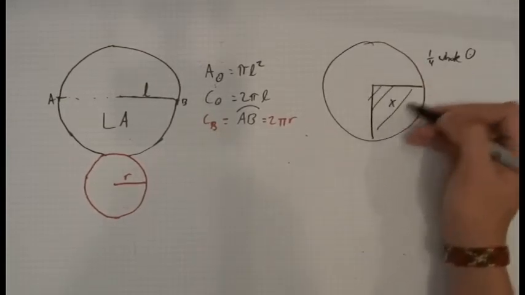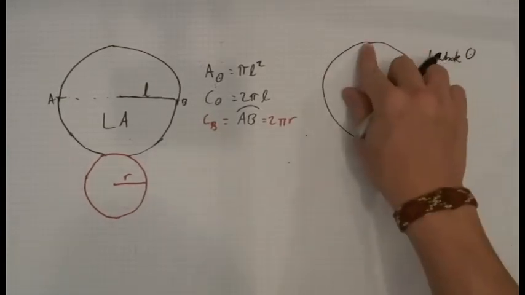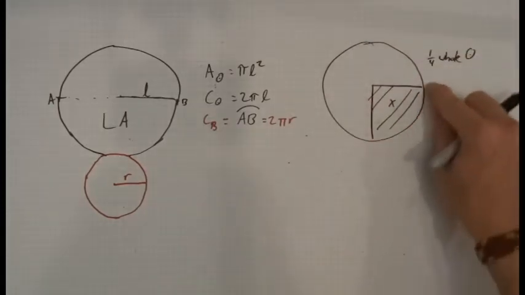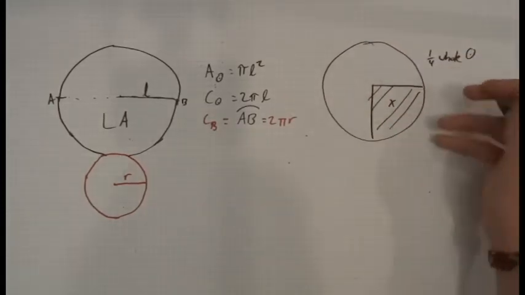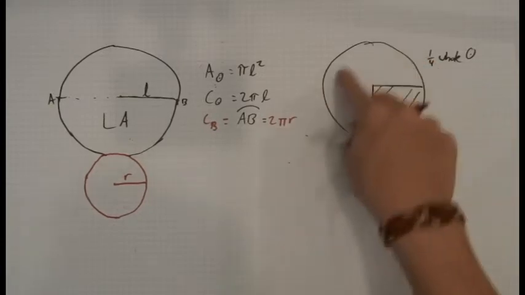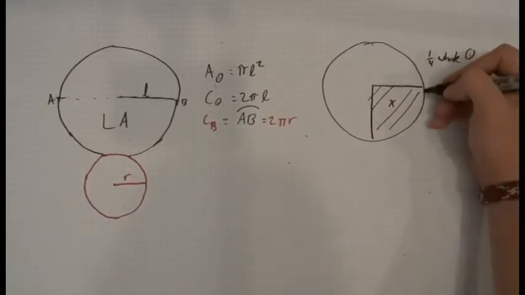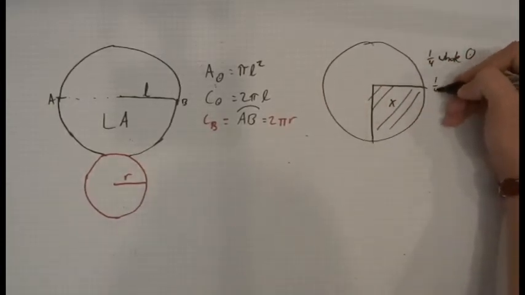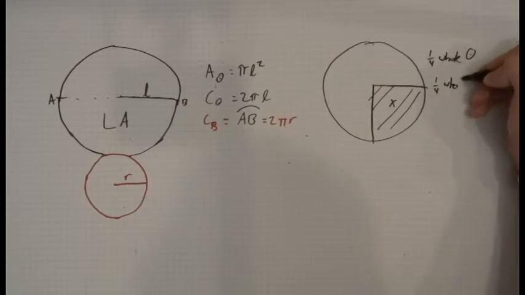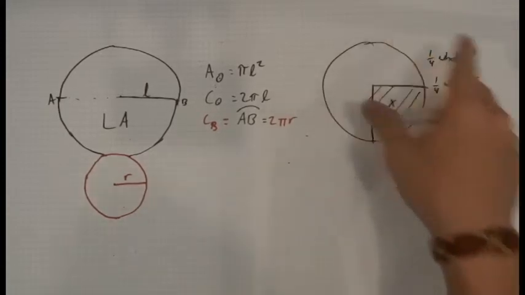This area right here is clearly 1/4 of the whole circle. And also, this arc length right here is 1/4 of the whole circumference. I can just tell that by looking at it.